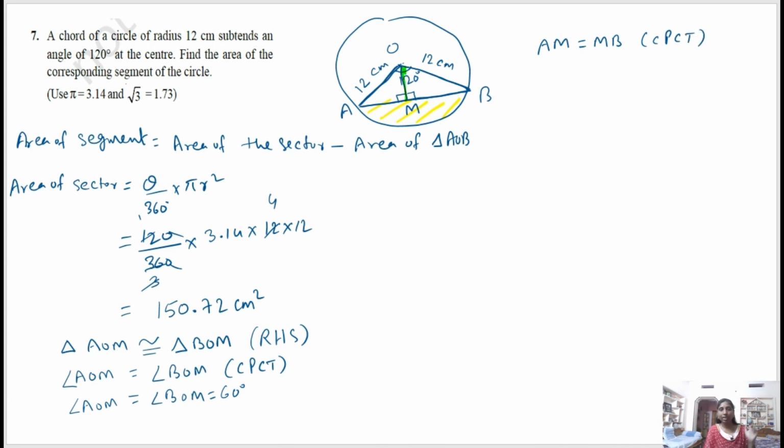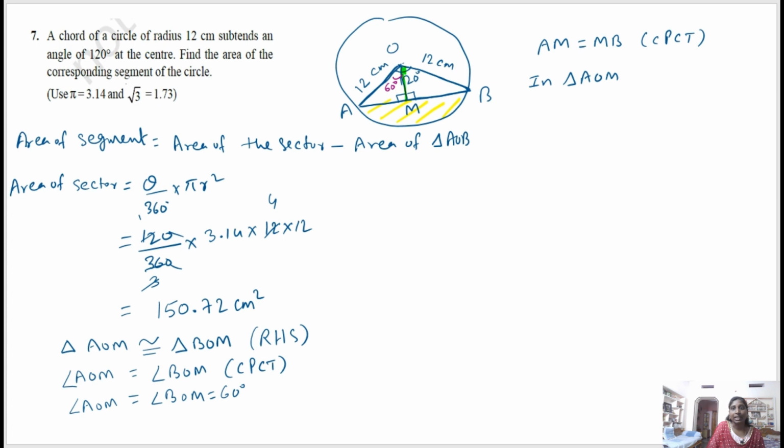Now you can apply trigonometric ratios. In triangle AOM, now you have found that this angle is 60 degrees.